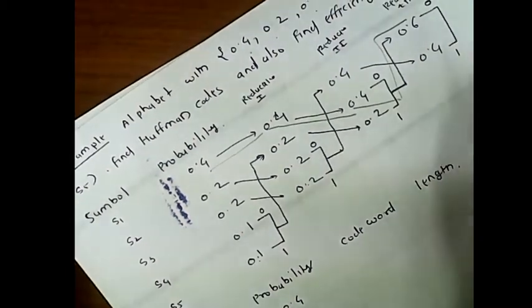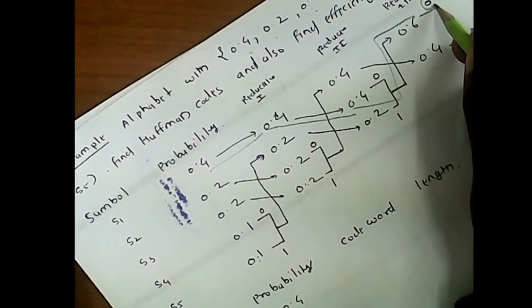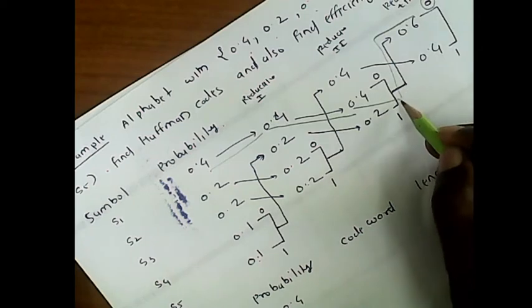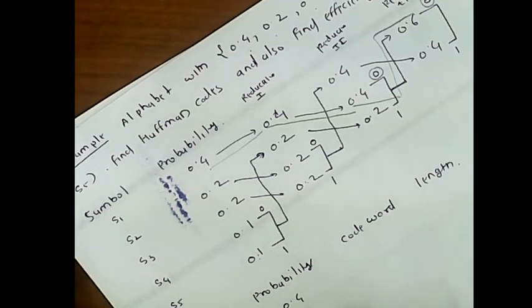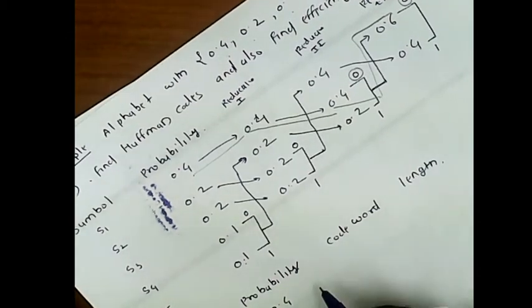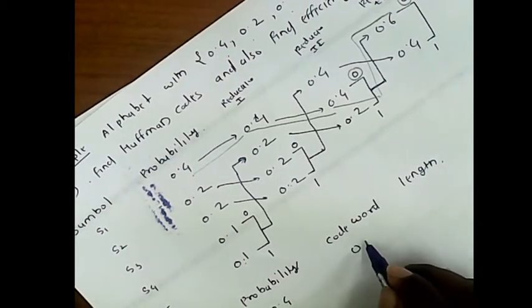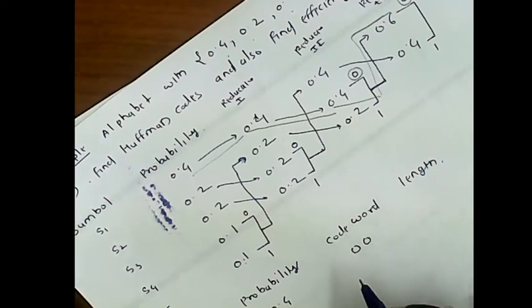So the code here is 0, and again this is 0. So the code word for S1 is 0 0.